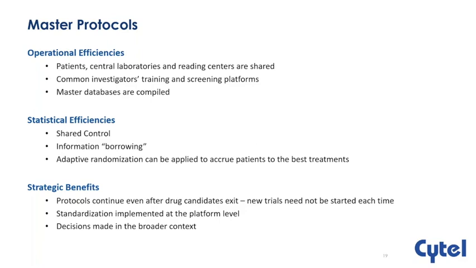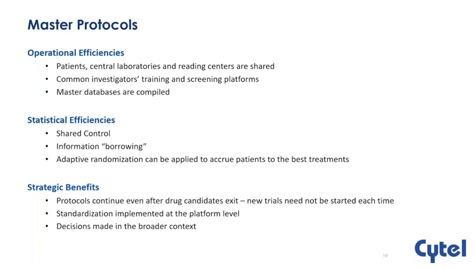So you write one master protocol and you may have just one section for each specific indication, but everything else is central and it's standard. So from operational standpoint, and this was probably the first reason that we got into master protocols. Well, you have central laboratories, reading centers are shared. You have a lot of efficiency and standardization from that standpoint.